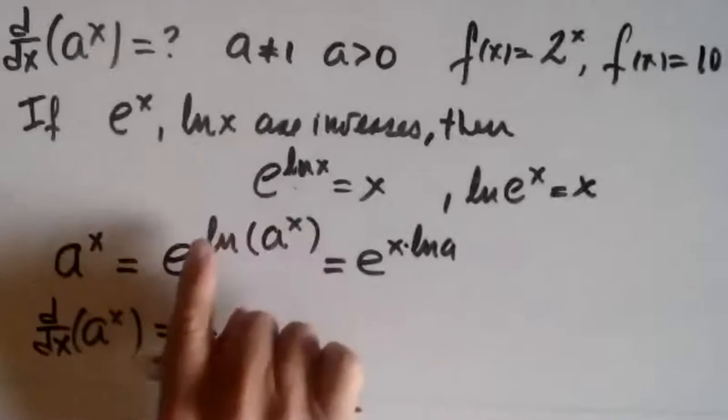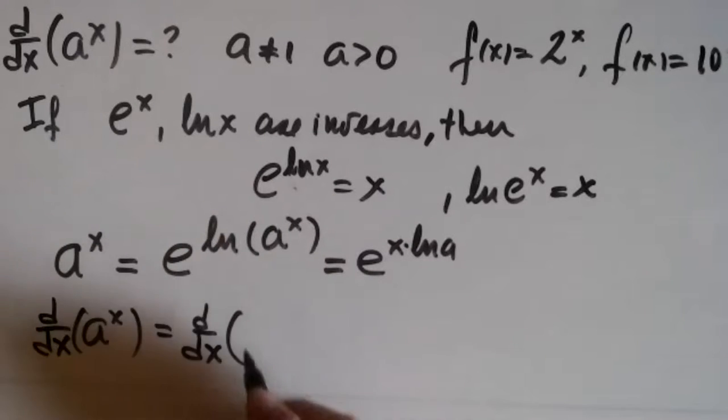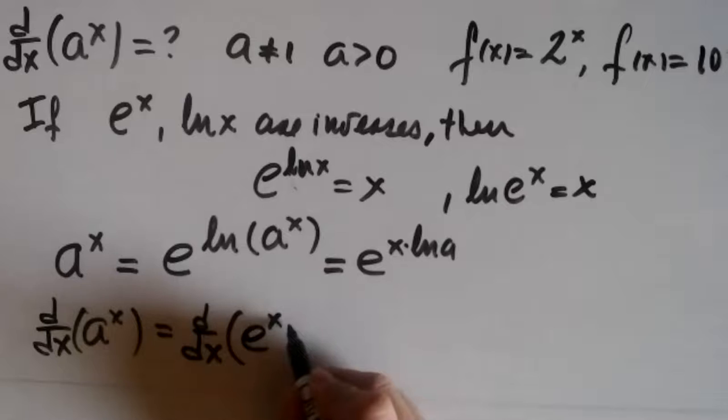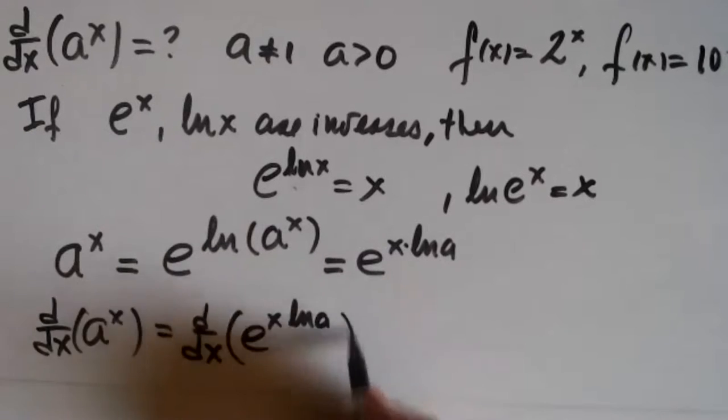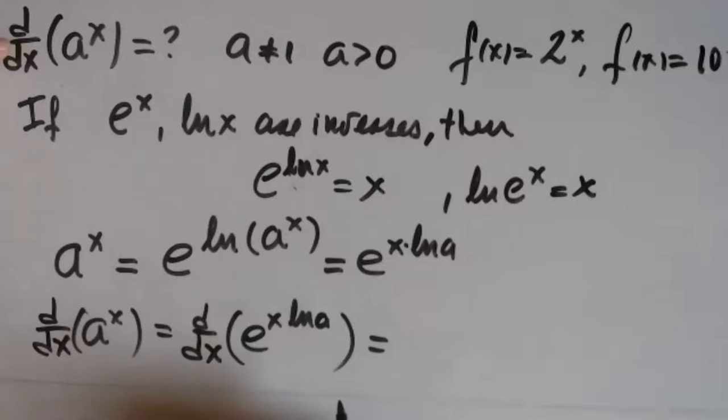I can move this exponent to the front of the log. So now I have e to the ln of a to the x, which becomes e to the x ln a, and I'm going to use the formula I know.